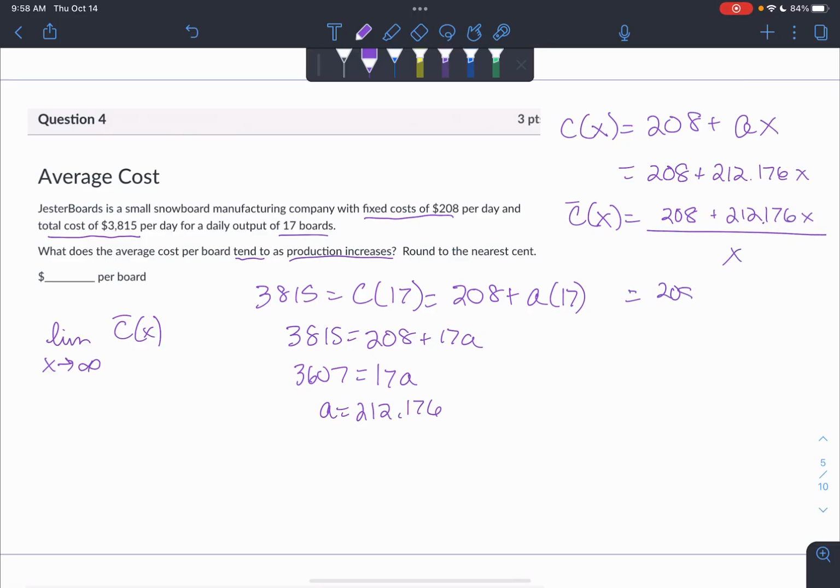And you can do these individually. And it will be nice if you do it this way because look what happens. These x's cancel. So we get 208 over x plus 212.176. And so we want the limit as x goes to infinity of 208 over x plus 212.176.